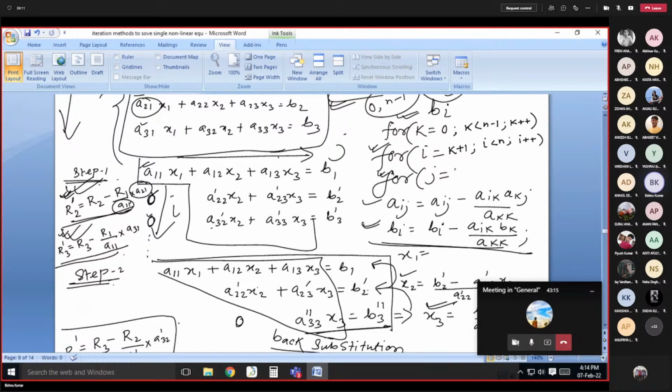And j is also for the next step, up to that much unchanged, means first position 0 in first step. So I am starting from k plus 1 as value calculation. If I do this operation, first position is 0, so I will start from the next variable, so k plus 1 to j less than n, j plus plus.